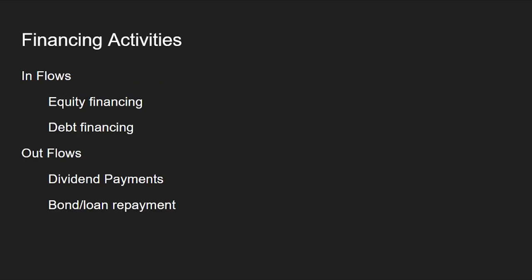These are the items related to how an entity finances its operations. So some examples of inflows would be the sale of common stock or taking out a loan. Examples of outflows would be paying dividends to shareholders or repaying a loan. Interest payments are actually in the operating section because it's an income statement item. It might help to think of interest as a rent payment on borrowed money, and rent payments would be in the income statement and operating section of the cash flow statement.